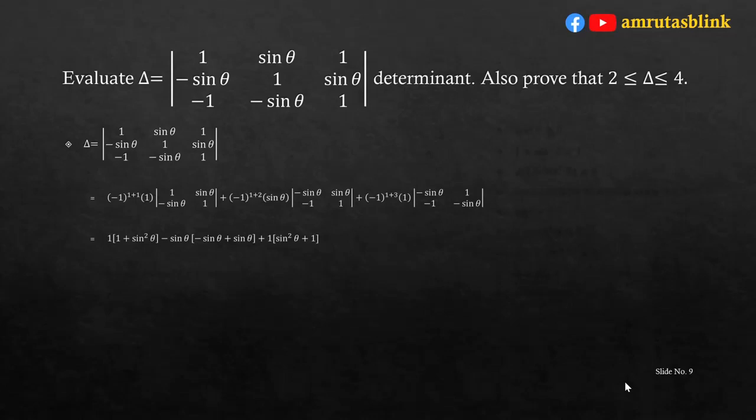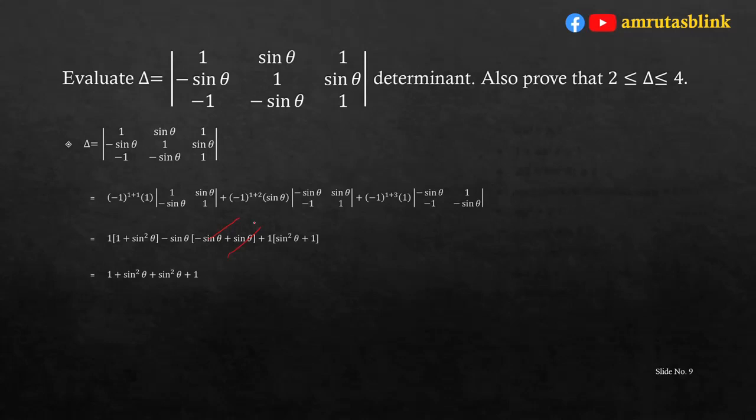We have got the expression 1 into bracket 1 plus sin square theta, minus sin theta into bracket minus sin theta plus sin theta, plus 1 into bracket sin square theta plus 1. Now, 1 into 1 plus sin square theta as it is, that is 1 plus sin square theta. This minus sin theta and plus sin theta will get cancelled.